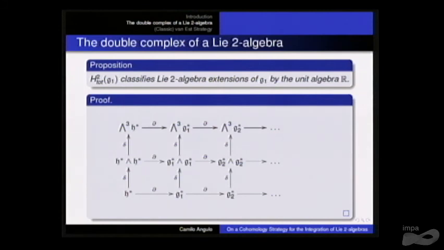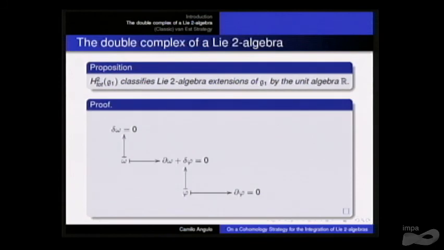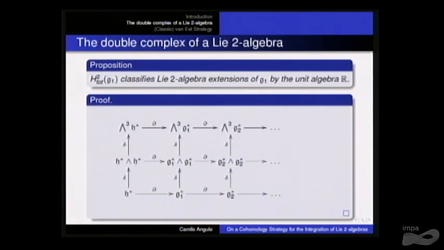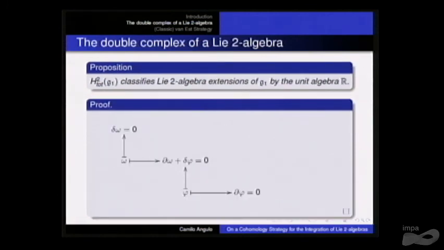Let me give you a quick proof. If you want to look at the second cohomology, you are going to take an element here and an element here, and the fact that it's a cocycle tells you that it is a cocycle in the Chevalley-Eilenberg cohomology, which means that it represents an extension in the H direction. And then this condition here is telling you that the map is not going to depend on the base.